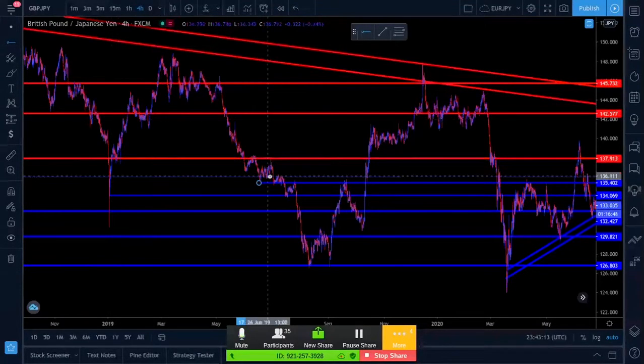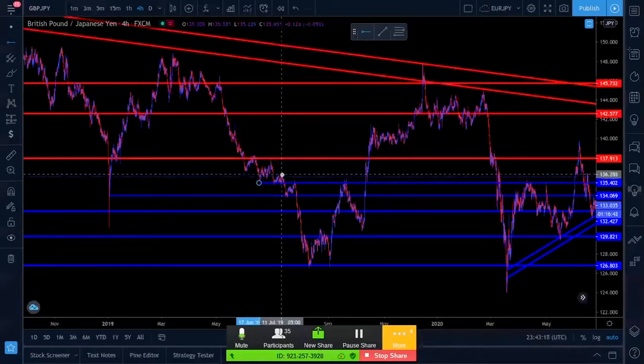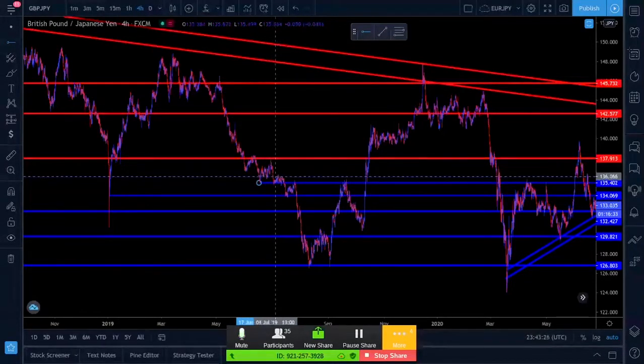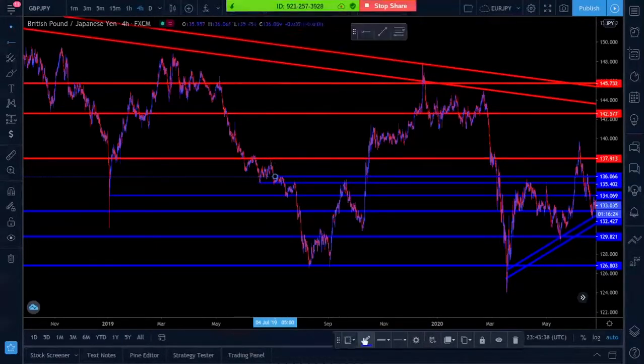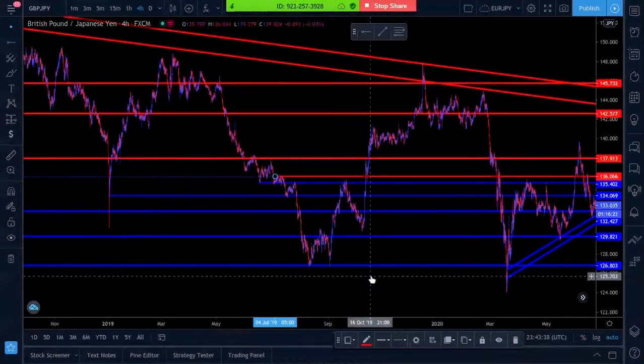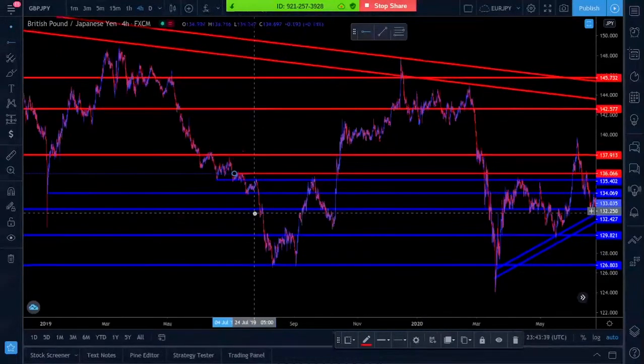So, like I said, I'm looking for resistance to where price is currently at, and I'm going to draw that resistance technically right where price is at right now. Why?